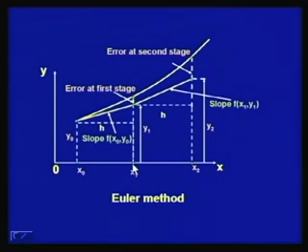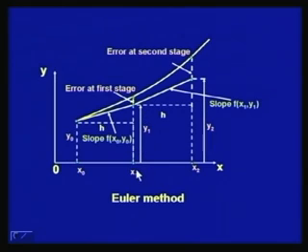At the point x equal to x naught plus h, that is x 1, the value of y 1 is given by this y 1, and the actual value of y at x equal to x 1 is this one. So, there is an error here. This is the error at the first stage, y at x naught plus h minus y 1.